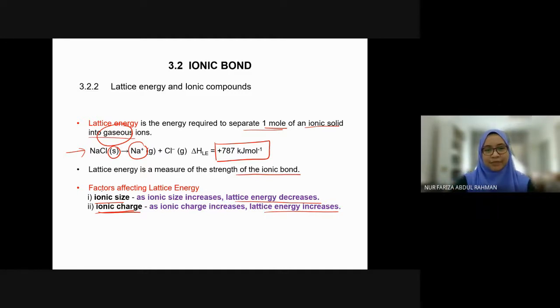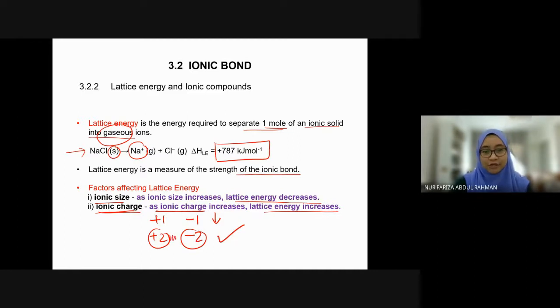So imagine if we have +1 dengan -1 compared to +2 dengan -2, which one will have stronger attraction? It will be this one. This one will be lower. Kenapa? The more different they are, lagi berbeza dia, lagi kuatlah dia punya attraction. So that is what it meant by as ionic charge increases, lattice energy increases.